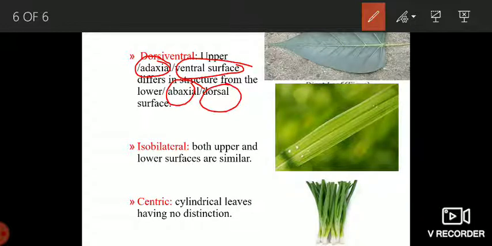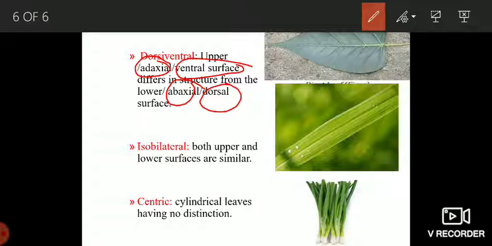It is quite confusing. You have to remember that the upper surface of a leaf which faces towards the stem, that is known as adaxial surface or ventral surface, and the lower surface of a leaf which faces away from the stem, that is also known as abaxial surface or dorsal surface, okay.